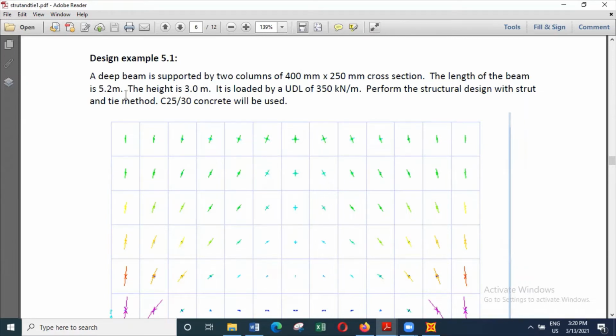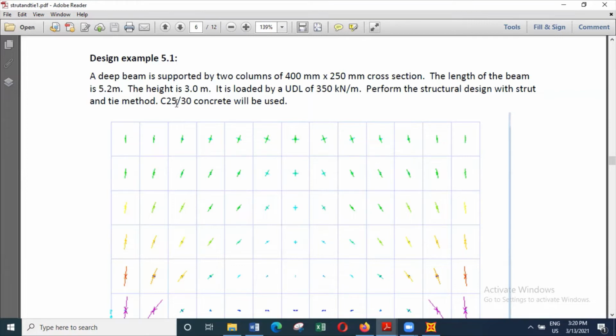The length of the beam is 5.2 meters and the height is 3 meters, and it is loaded by a UDL of 350 kilonewtons per meter. Perform the structural design with strut and tie method. We can use the 25 megapascal concrete.